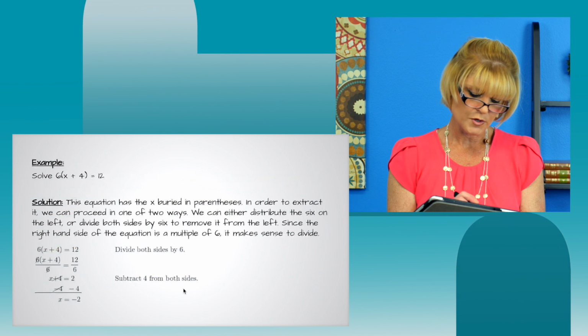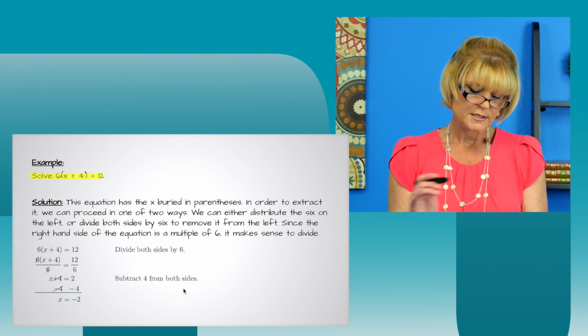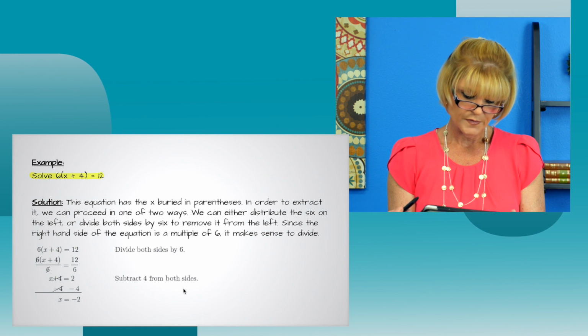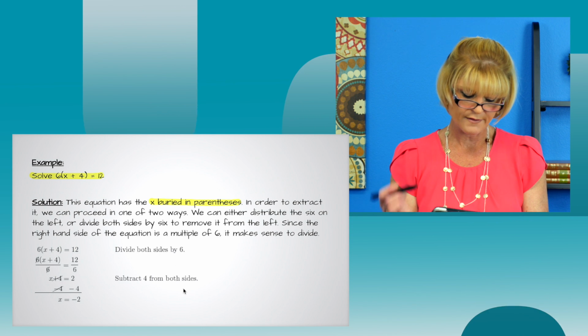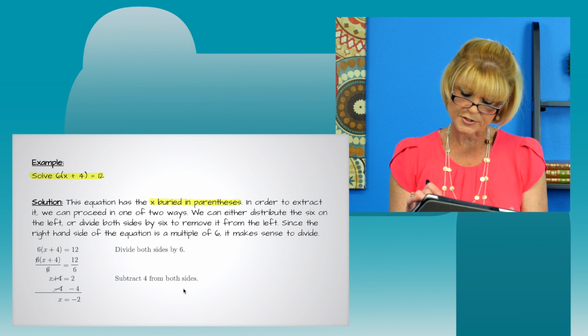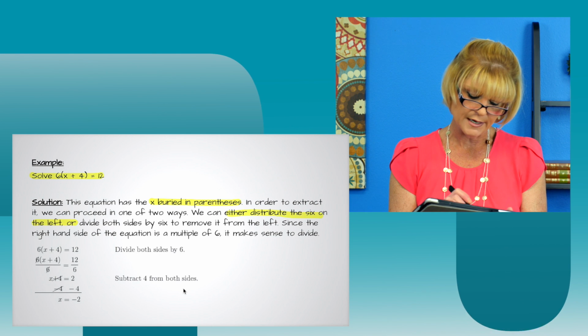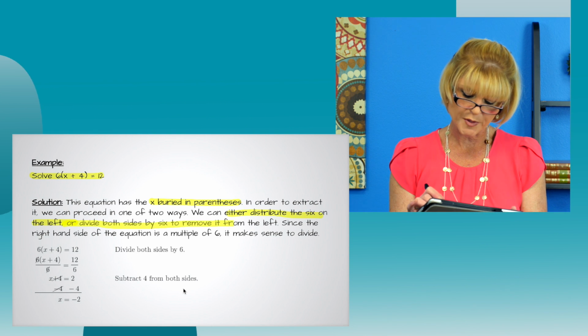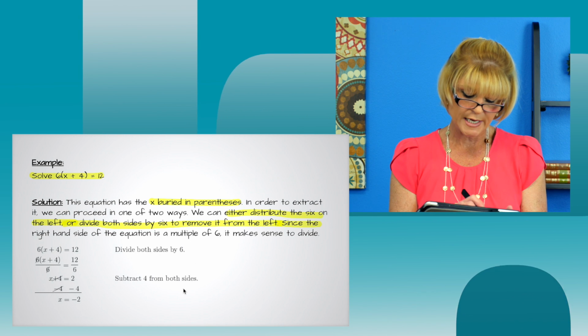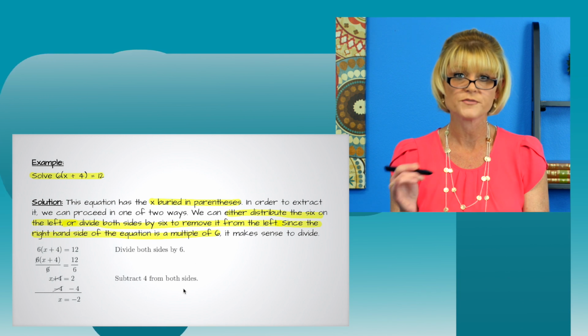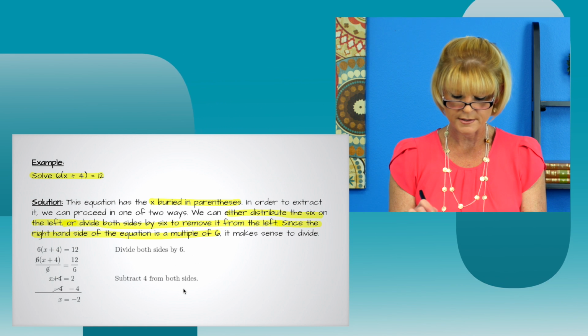Okay, another example. 6(x + 4) = 12. This equation has the x buried in parentheses, so we have an option. We can either distribute the 6 on the left or divide both sides by 6 to remove it from the left. Since the right-hand side of the equation is a multiple of 6, it's 12, it makes sense to divide.